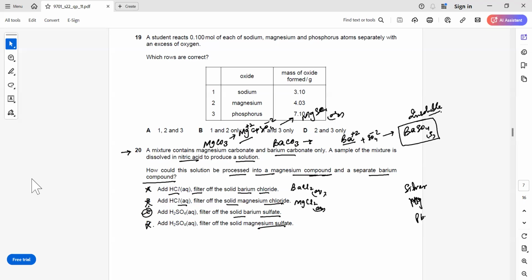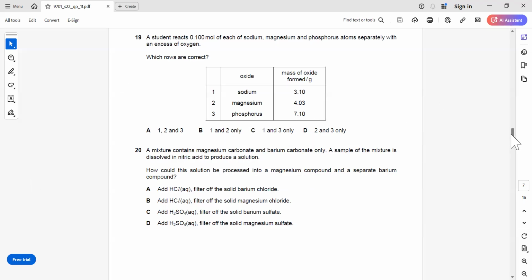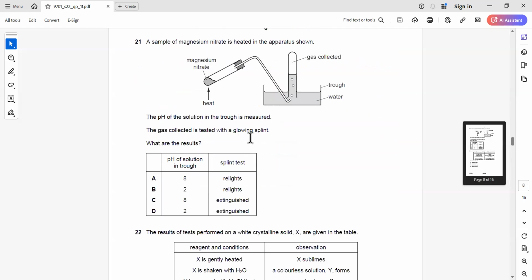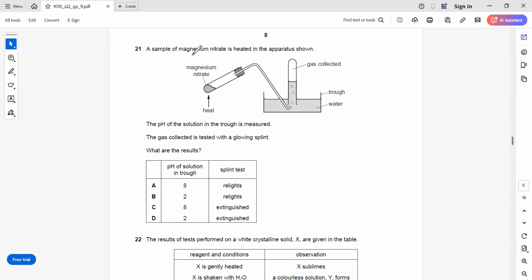Now let's see another question. Question number 21. In this question, they are saying a sample of magnesium nitrate is heated. First of all, we should know this reaction. Magnesium nitrate, when it is heated, decomposes into its metal oxide, along with NO2 gas and O2 gas, right?